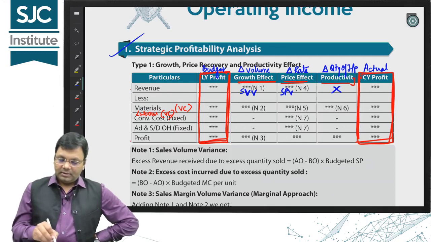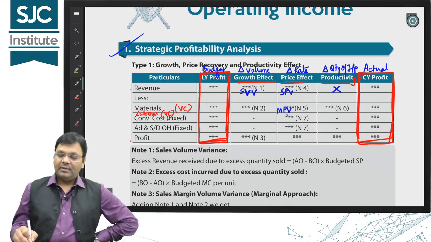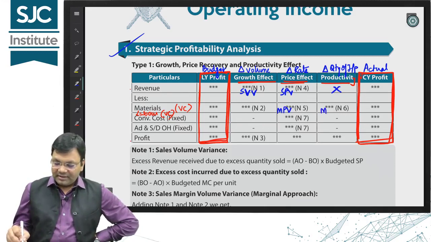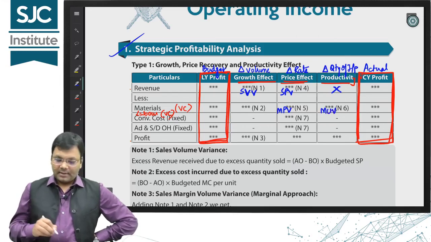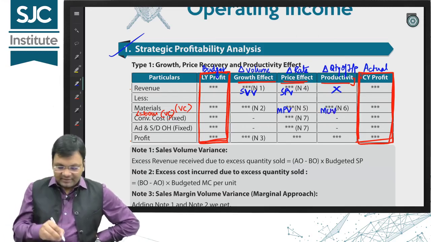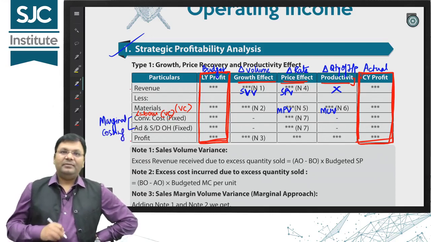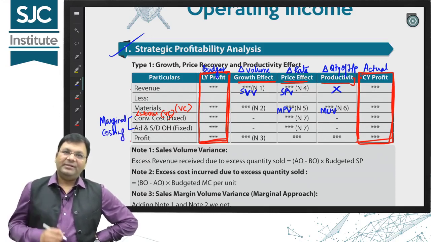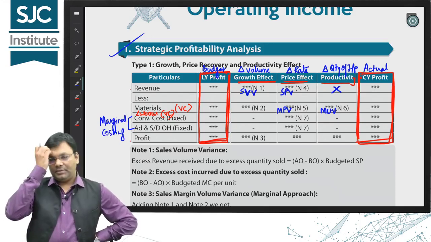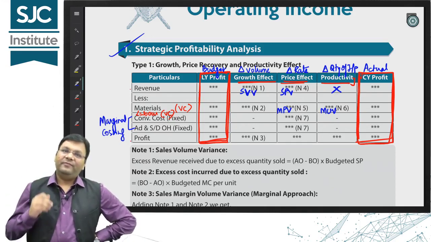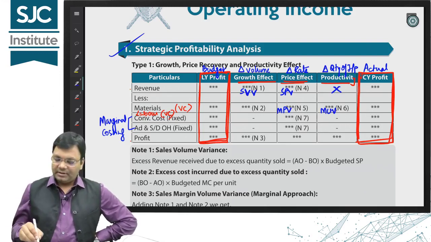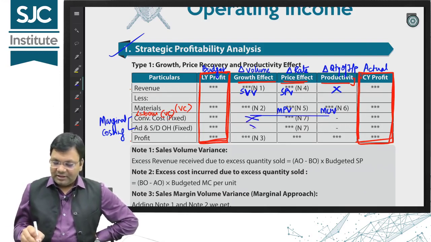For materials, the price effect is material price variance, and change in quantity of input is material usage variance. For fixed cost, we assume the marginal costing approach. Under marginal costing, if volume is changing, fixed cost will not change, so there is no growth effect here and you need not do any calculation.